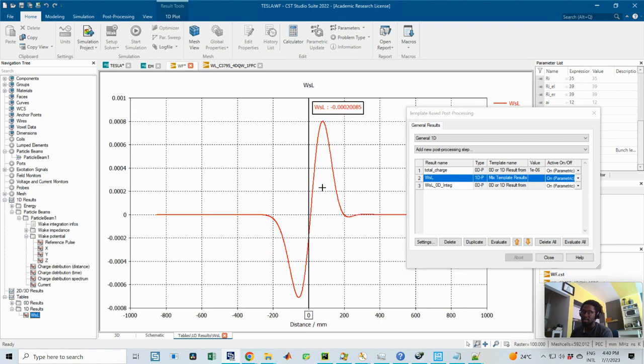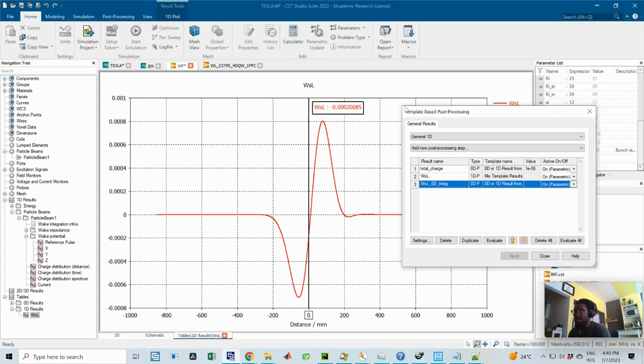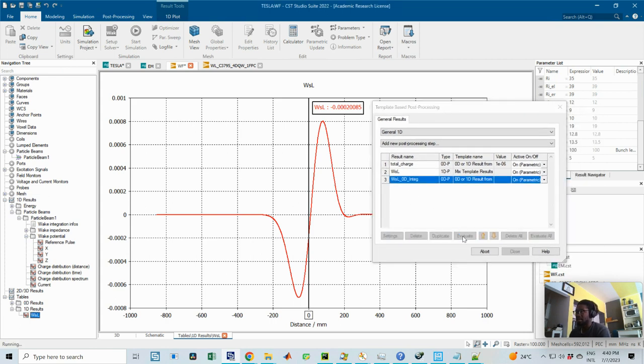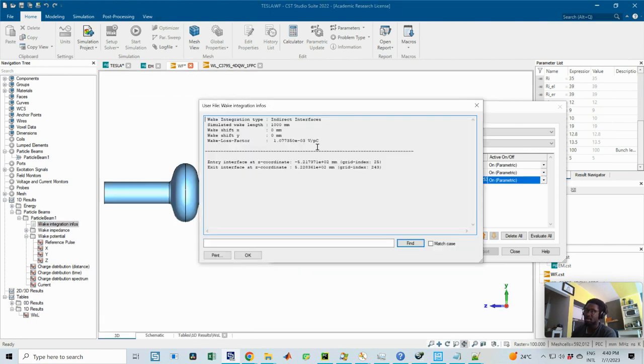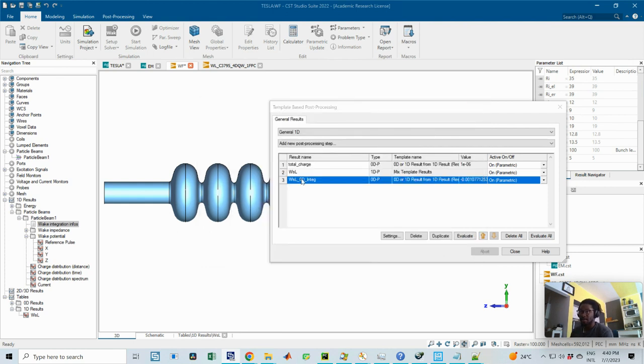So this is the result, and now I can perform my integral. The value you can see is 0.0000107, so that's 1.077e-3, which is what you have here. So that's your loss factor. Now I could just call this K loss.